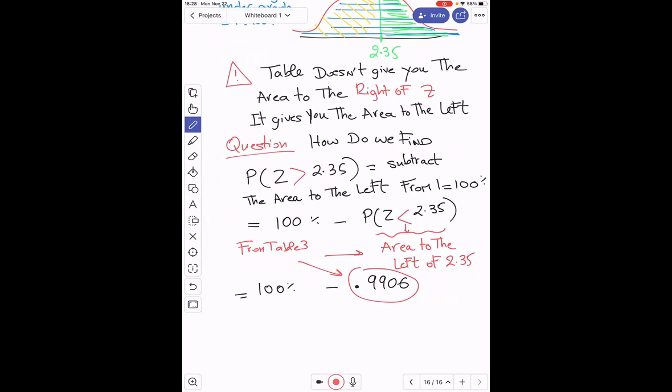And 100%, of course, is like 1, right? So 1 minus 0.9906, and you can think of 1 like 1.0000 minus 0.9906. So the answer would be 0.0094.